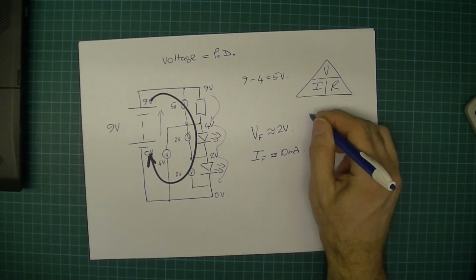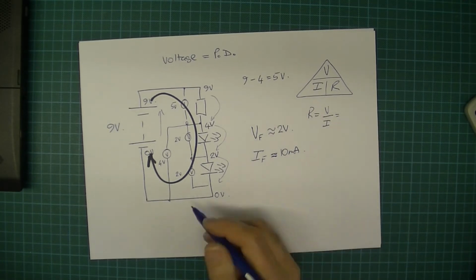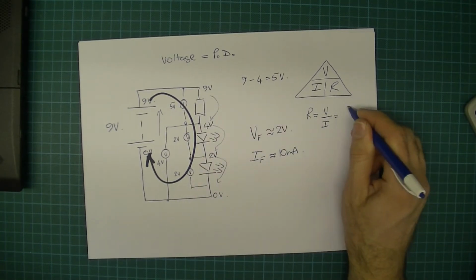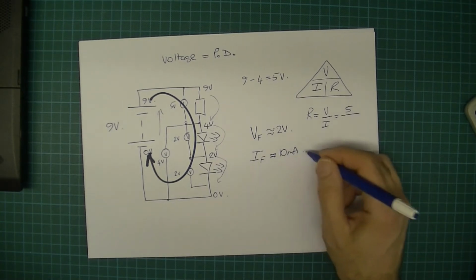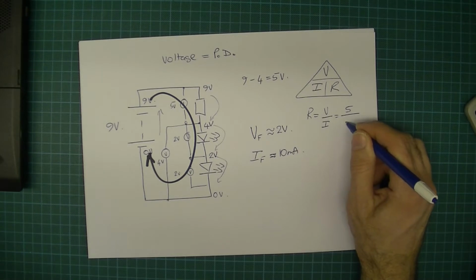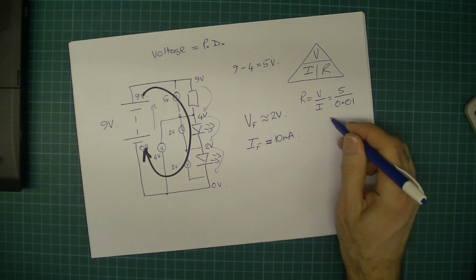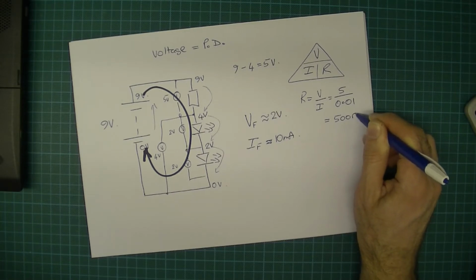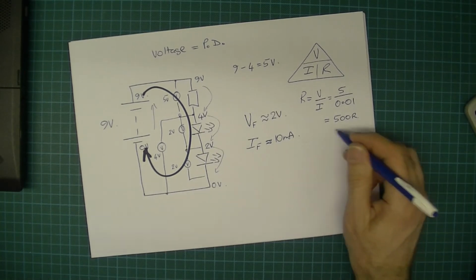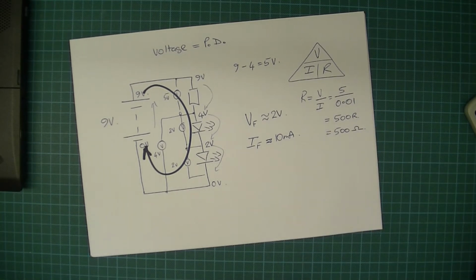In this case that is 5 volts over the current, which is 10 milliamps, or 10 thousandths, so 0.01 amps, and that's going to be equal to 500 ohms. Okay, I'll just write 500R. If you want, you could write it 500 ohms like that.